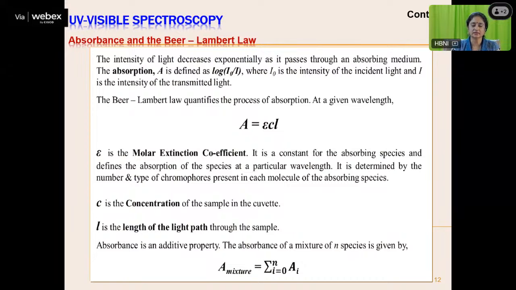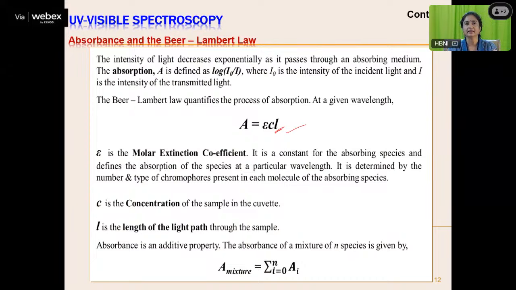What is that? It is nothing but absorbance equal to epsilon CL, where epsilon is the molar extinction coefficient. You all must be knowing it is a constant for absorbing species and defines the absorption of the species at a particular wavelength. And C is the concentration in moles per liter, and L is the path length, which is in centimeter.